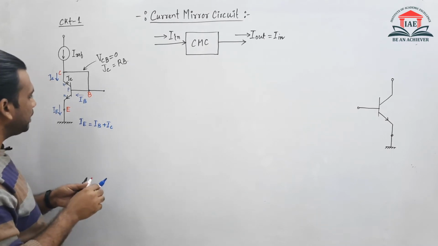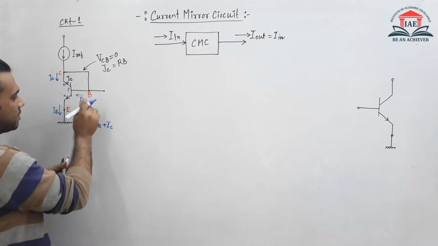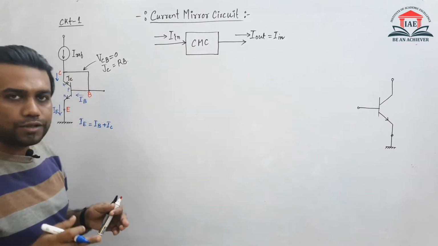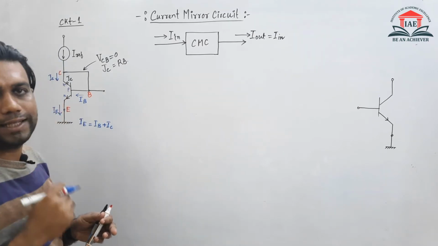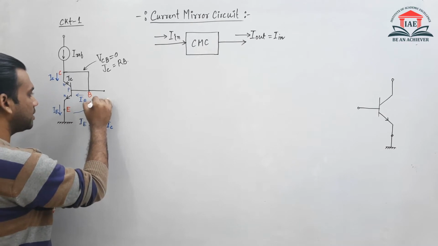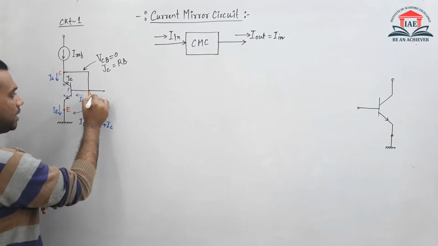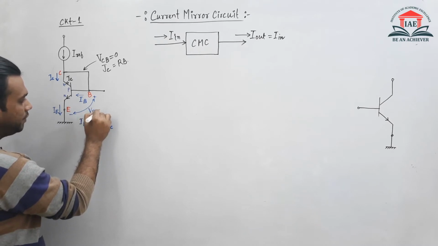Now another thing we can see is the base to emitter voltage. In an NPN transistor, the base will be at higher potential than the emitter. So the potential across the base and emitter is positive at the base and negative at the emitter, and this potential is VBE.